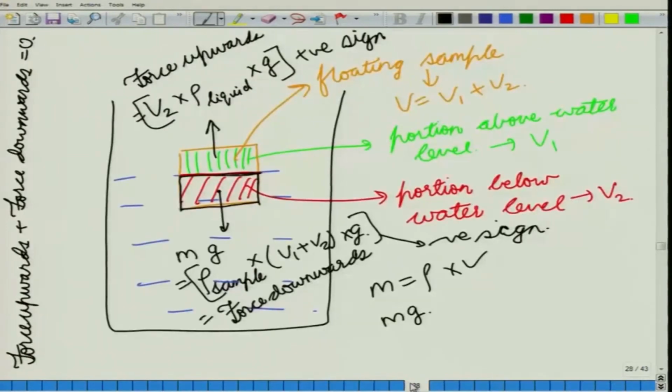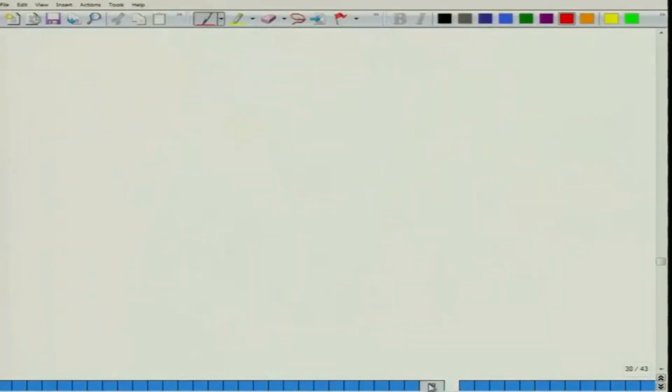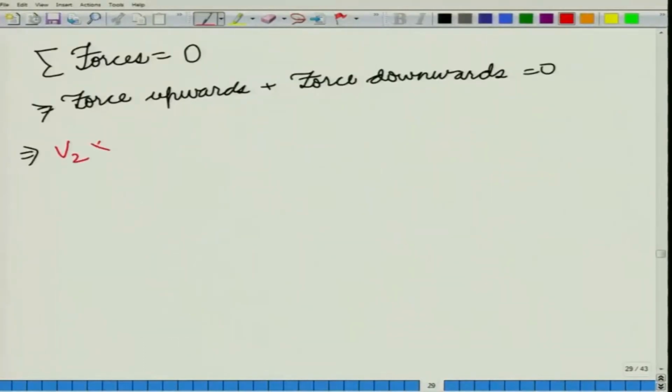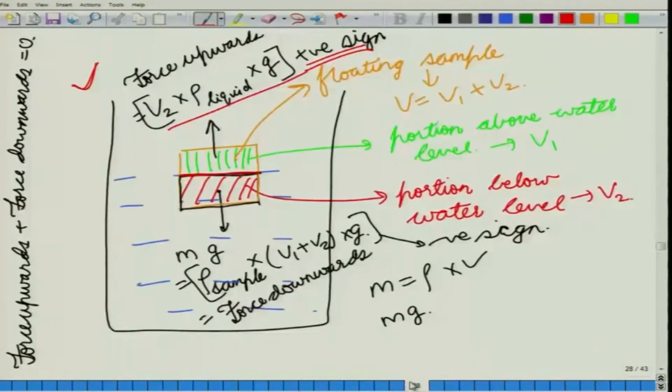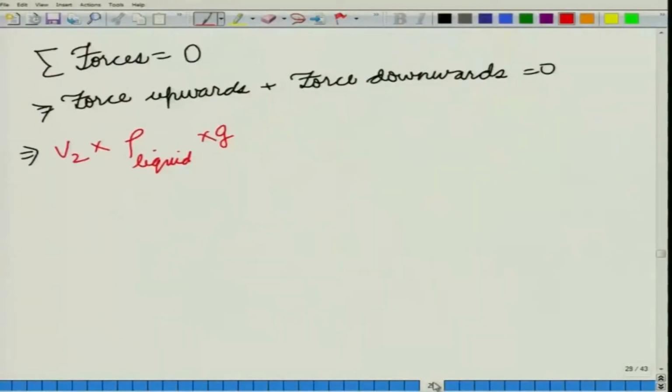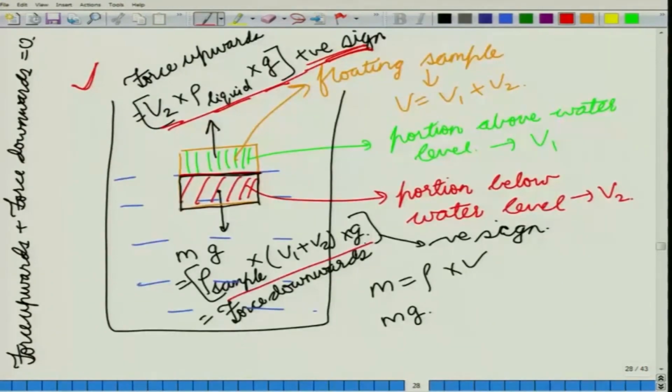What does that mean? How much is the force upwards? Now, force upwards is given by this equation with a positive sign. So, let us take this portion. It is V2 into rho of liquid into G, with a positive sign. And this portion has a negative sign.